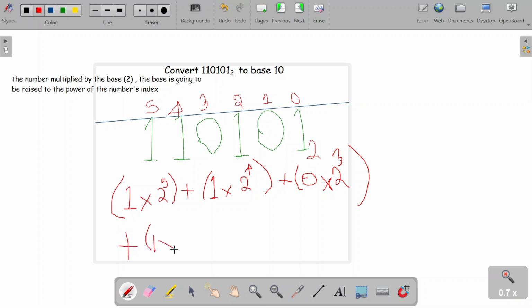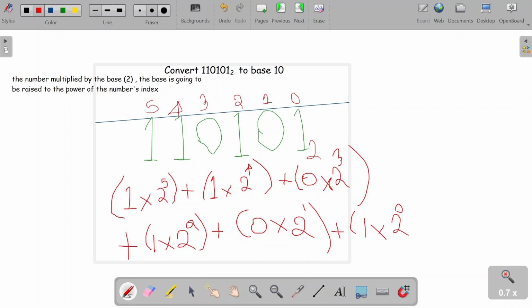1 times 2 to the power of 2, plus 0 times 2 to the power of 1, plus 1 times 2 to the power of 0.